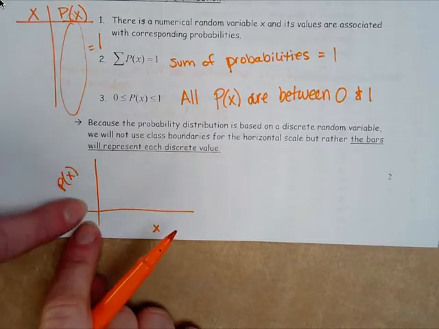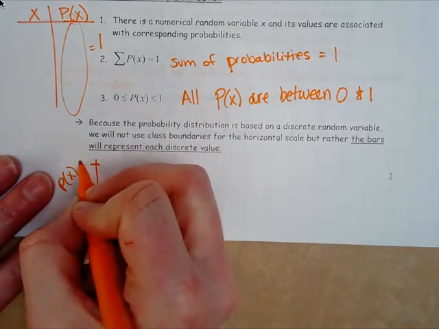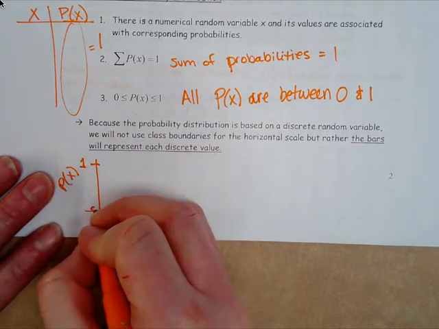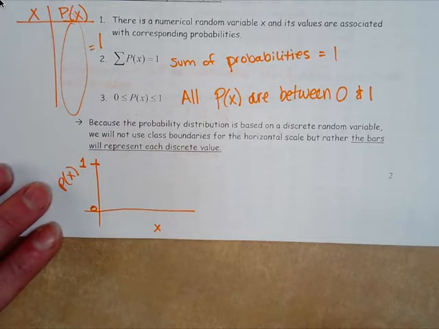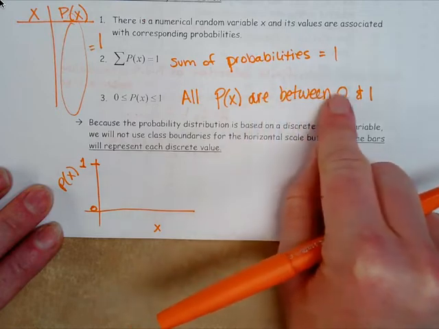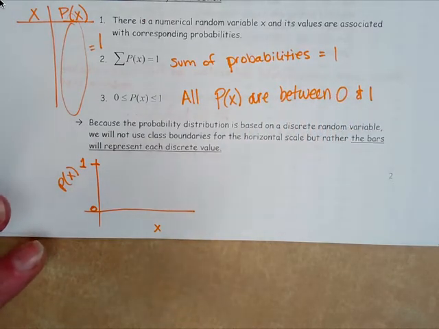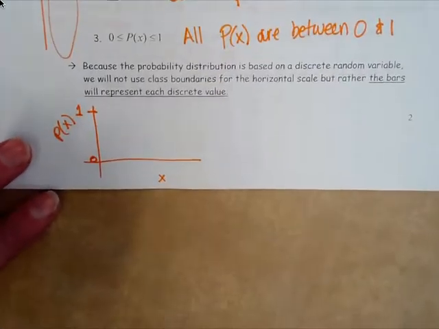So p of x, the highest that you can have is 1. So it goes from 0 to 1, because all p of x are between 0 and 1. And the sum of all of them will add up to equal 1.